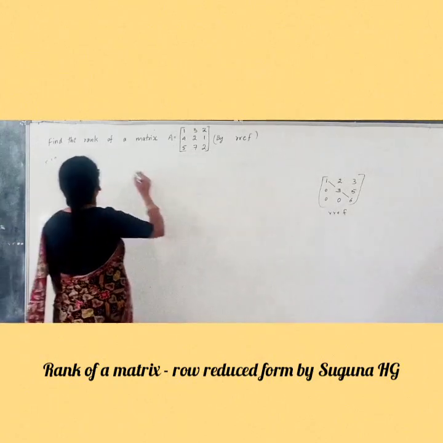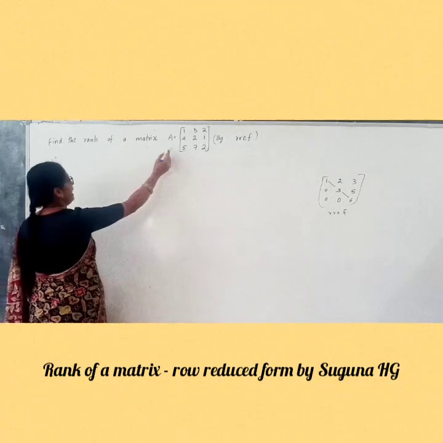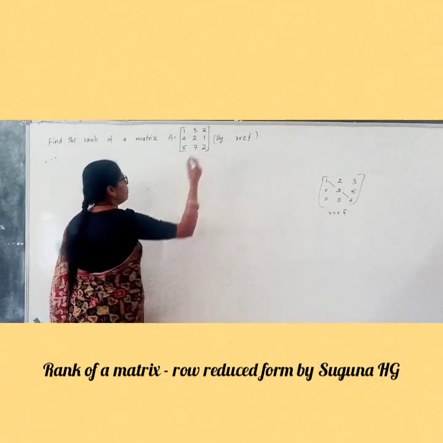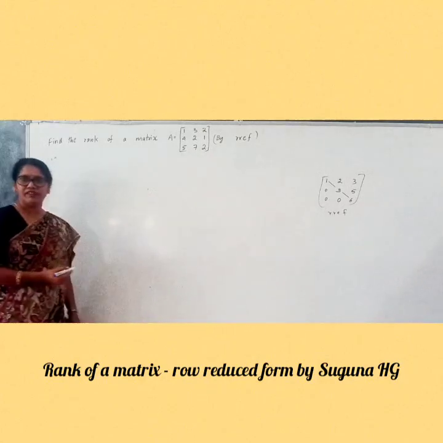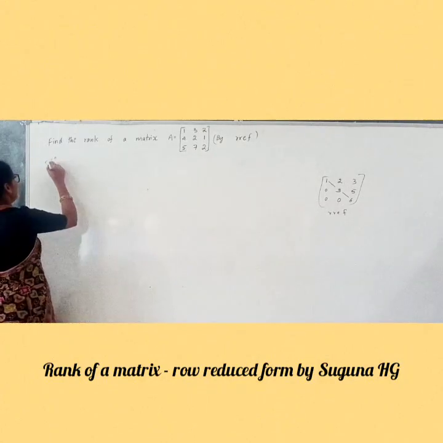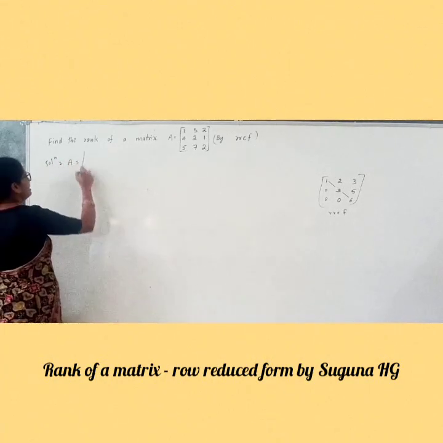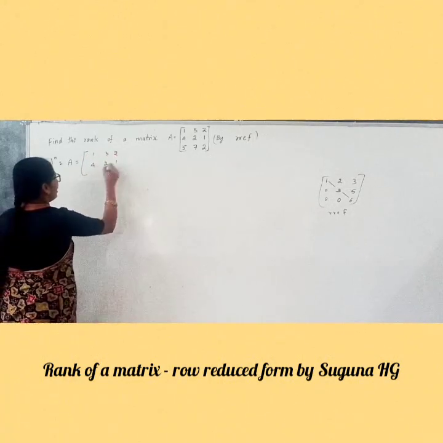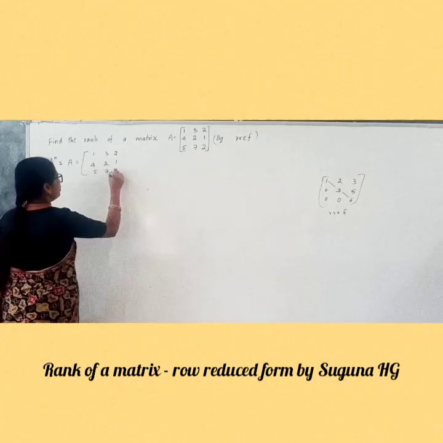Find the rank of the matrix A, 1, 3, 2, 4, 2, 1, 5, 7, 2 by row reduced echelon form. Now let me consider the given matrix. So the given matrix is A, equal to 1, 3, 2, 4, 2, 1, 5, 7, 2.